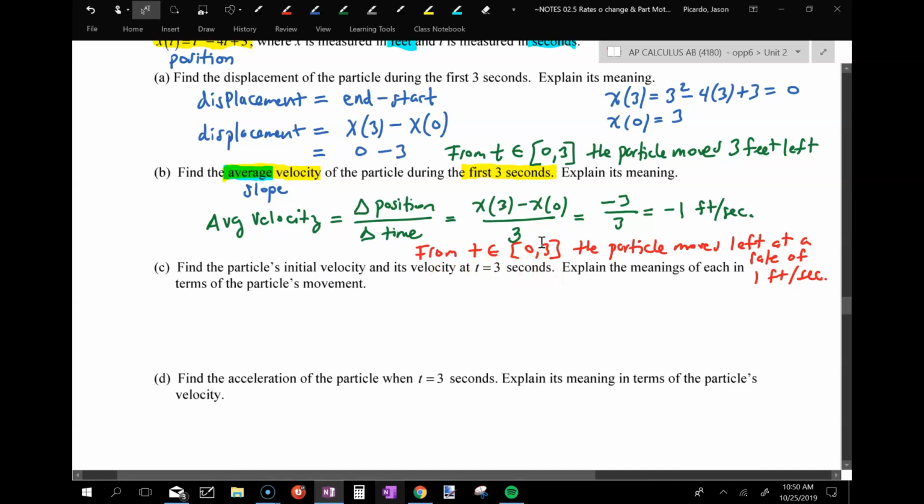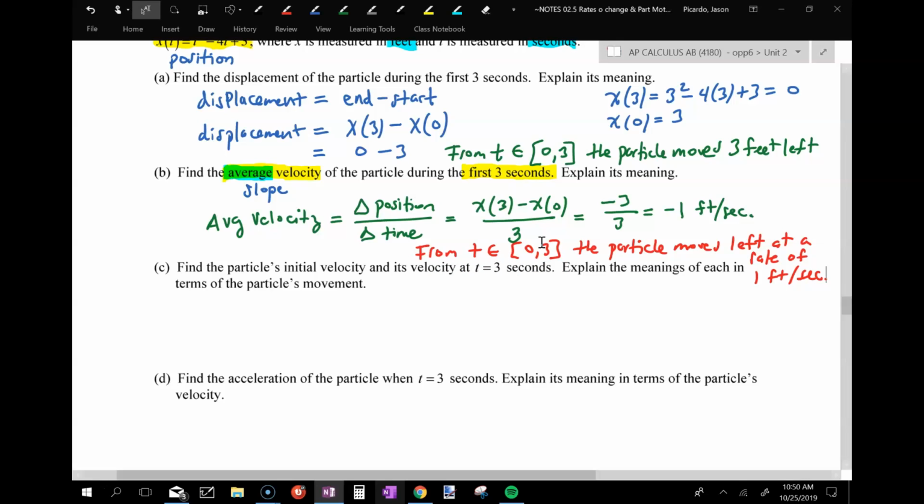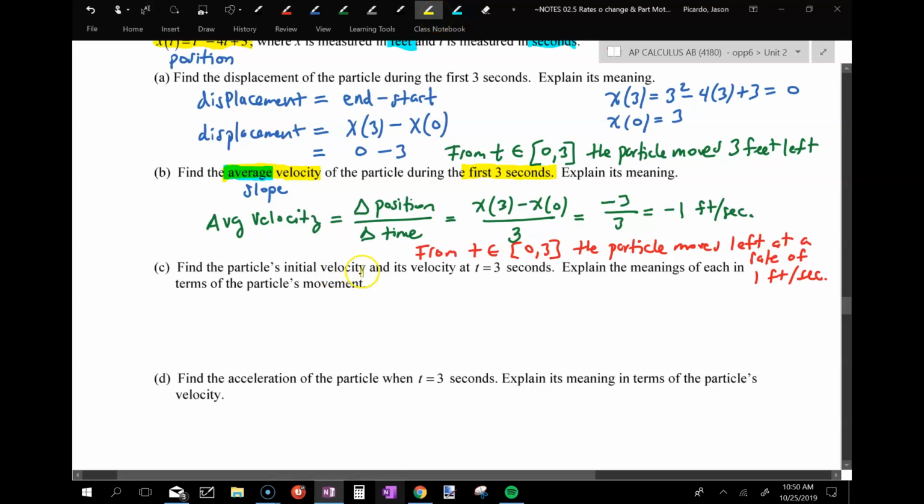Okay, hang on a minute. I asked you for velocity at a point, spot, position. So what am I talking about now? Now I'm talking derivative, right? So I want to know initial velocity and velocity at t equals 3. That is velocity at a point. Which means derivative.